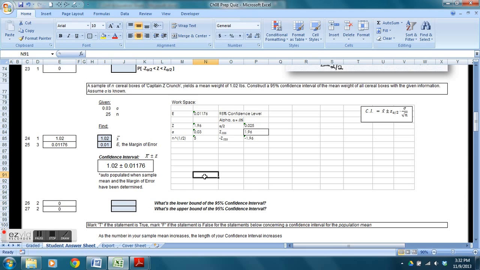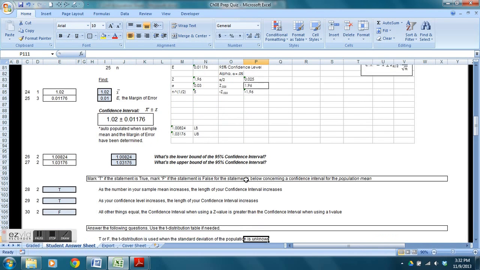So let's just write lower bound right here, and this is equal to x bar minus our margin of error, and our upper bound is going to be equal to x bar plus our margin of error. That's that simple. So there's our lower and upper bound, and I will correct this while I'm at it. Obviously that will be there for you, so you wouldn't change anything right here.